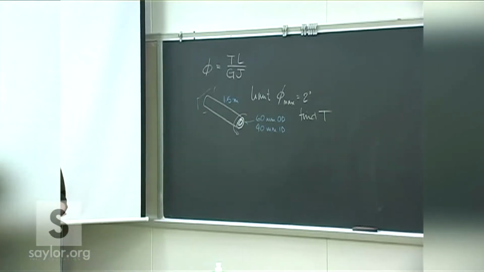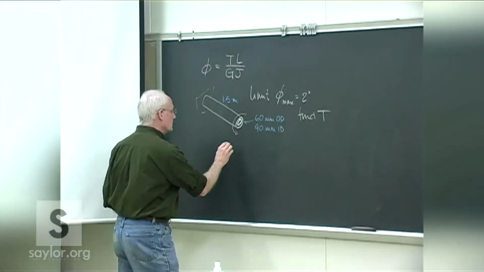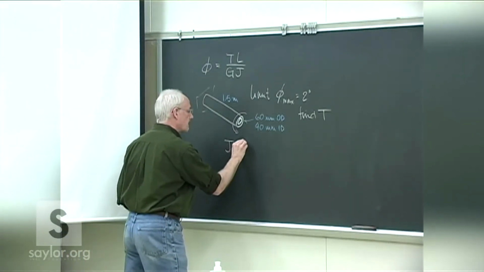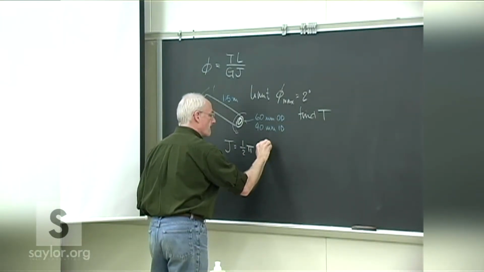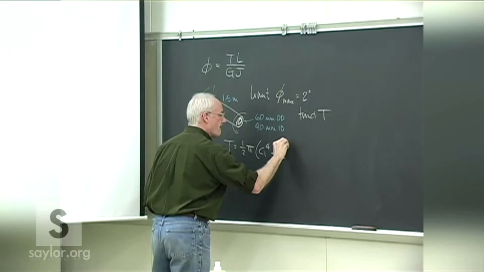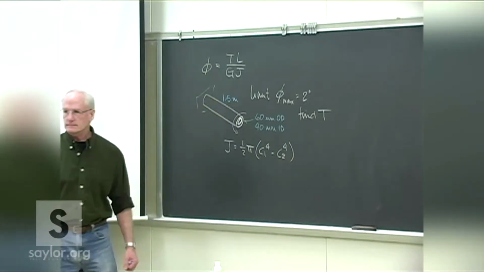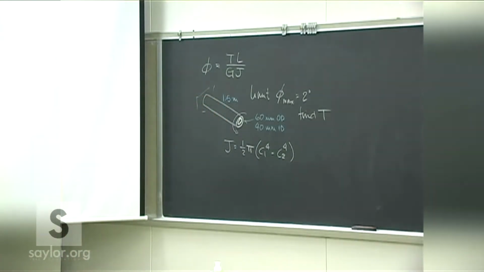Remember what J is for a tubular cross-section? And you know which radius is C1 and C2 because that couldn't be a negative number.